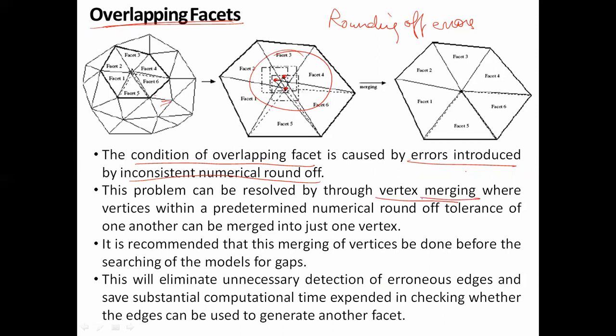What is vertex merging here? Vertex merging is nothing but defining a proper round-off value. Anything with x greater than 4.5 will be taken as 5, and if x is less than 4.5, it will be taken as 4.